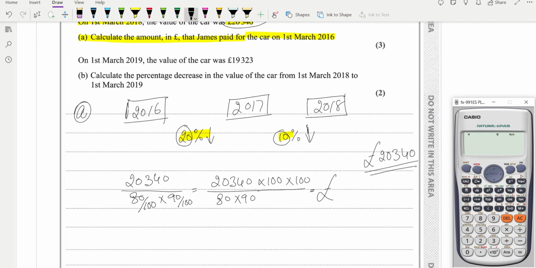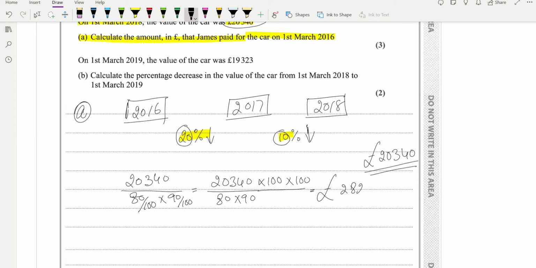If we use the calculator, this will be 20340 into 100 and multiply by 100 and divided by 80 into 90, and this will give us the answer 28,250. So this will be the amount in March 2016. This is basically part A, which we are done with.